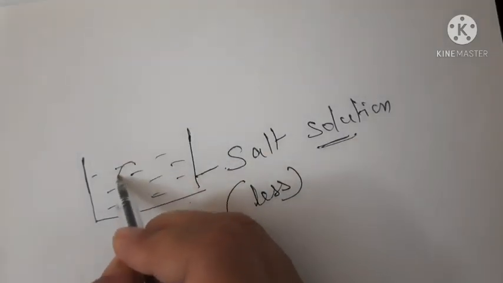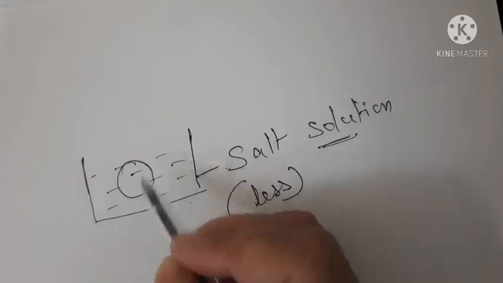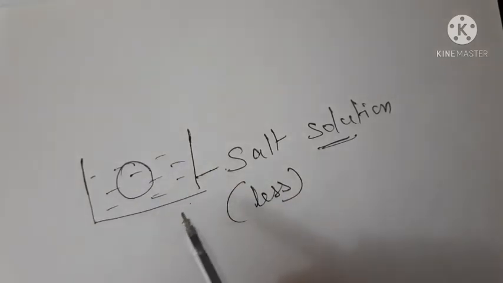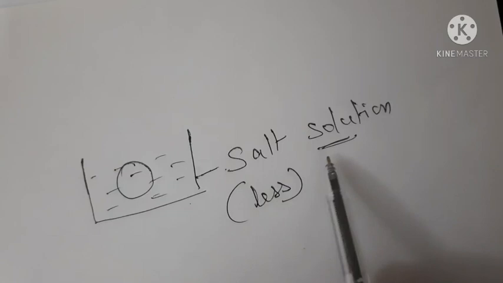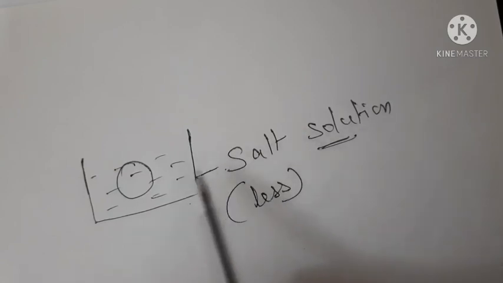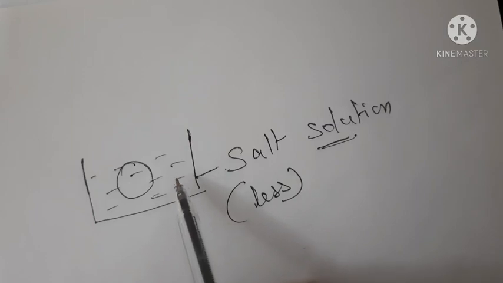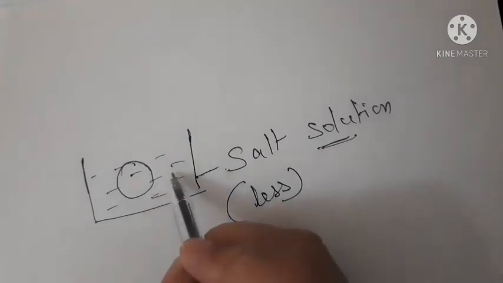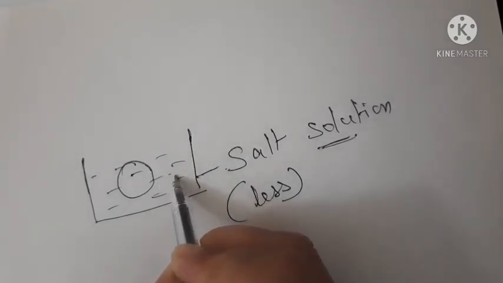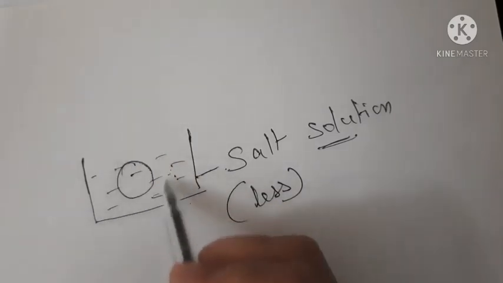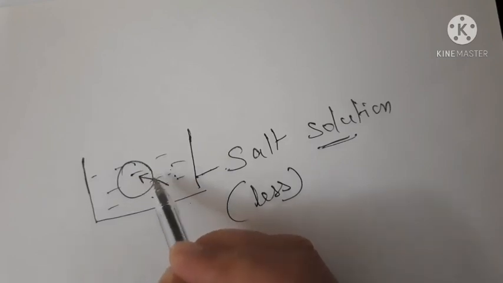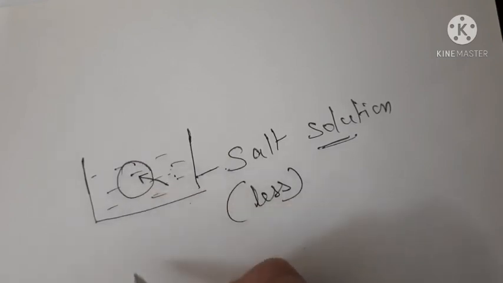Now when we put this plant or animal cell in this salt solution, what will happen? Here salt is less but water is more. Water is more compared to the cell, or this is a dilute solution. So the concentration of water is more, and water from the vessel, the outside environment of the cell, will move inside the cell through the plasma membrane.